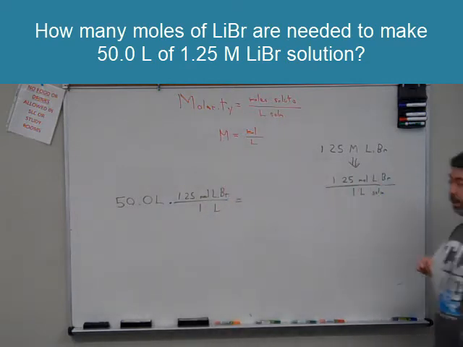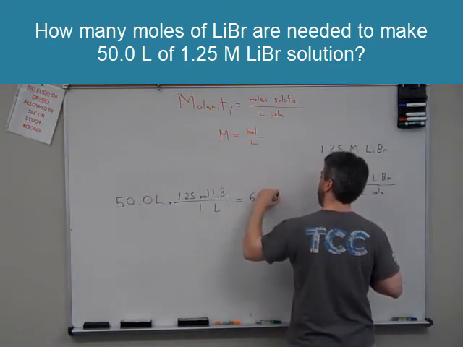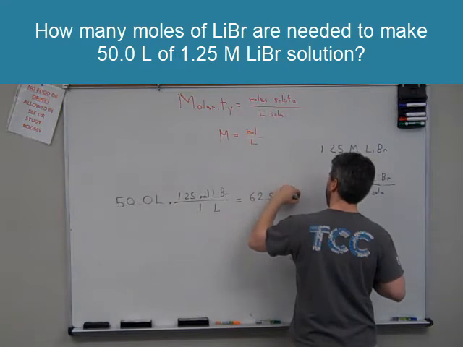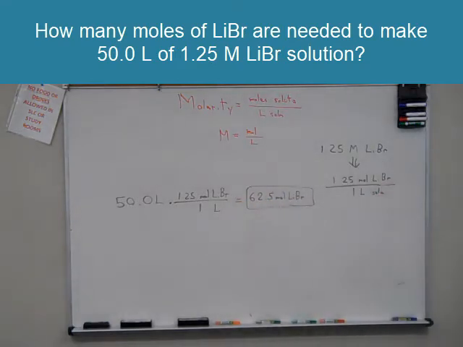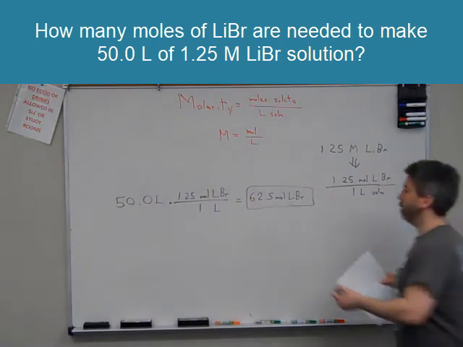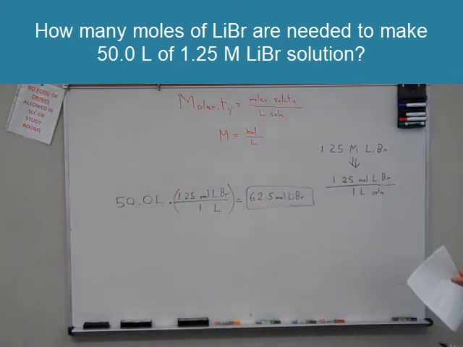And if I multiply the top and divide by the bottom, I get 62.5 moles of LiBr. So I can do it like that. And that actually is, in many ways, a lot easier. You don't have to worry about rearranging an equation.